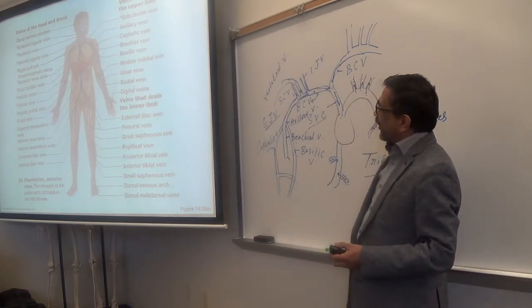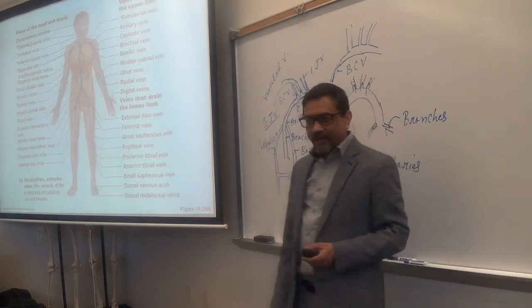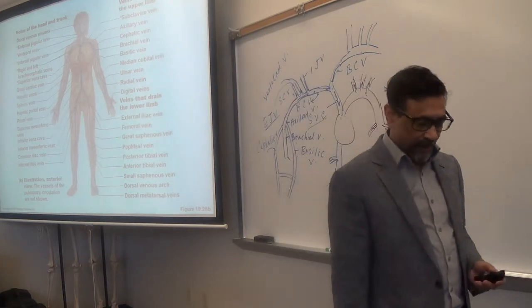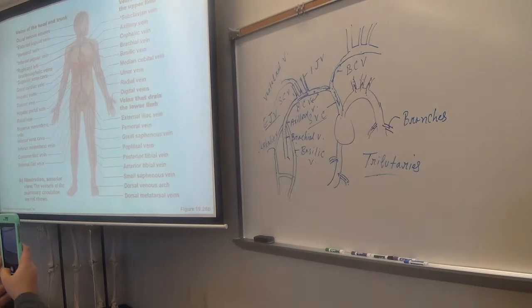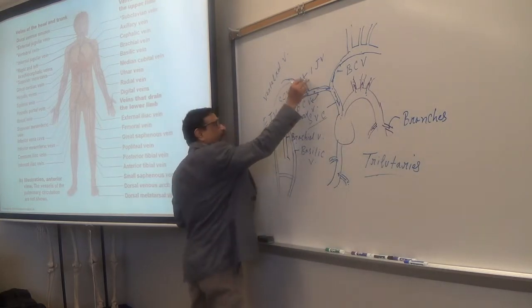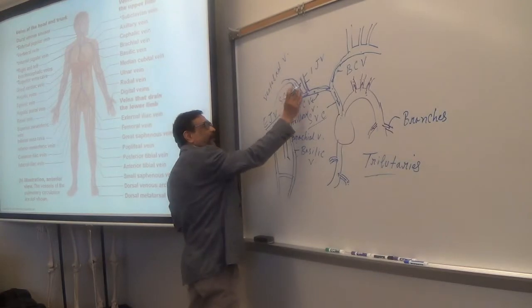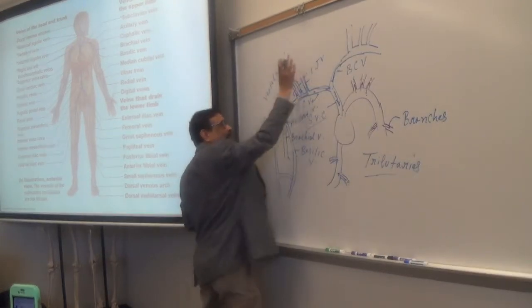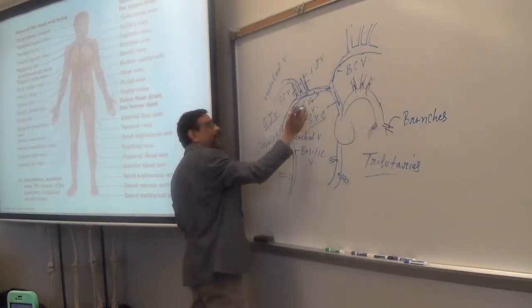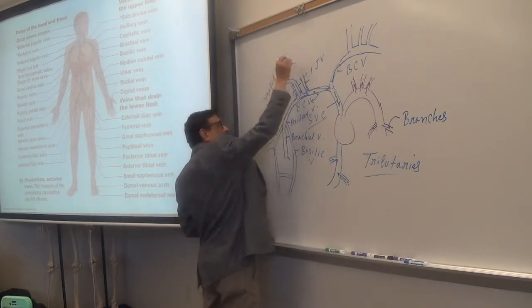Okay. Now let's see the internal and external jugular and vertebral. Those 3 you see here: internal jugular, vertebral, external jugular. All 3 are going upwards from both sides, left and right, and go towards the head.